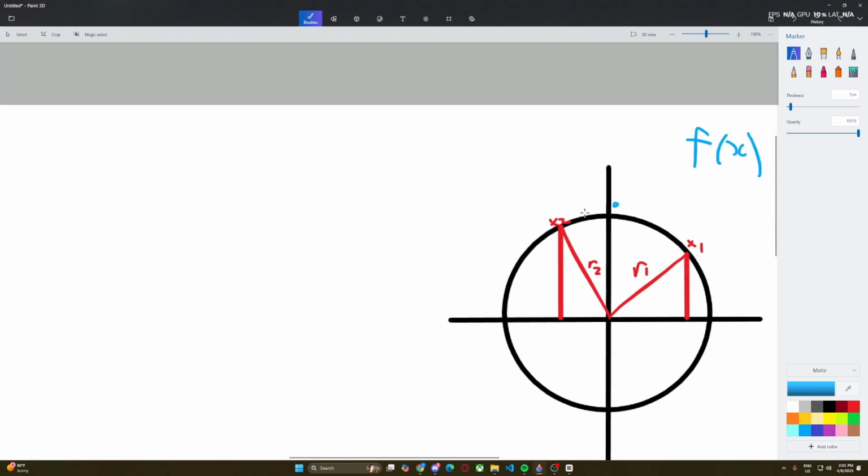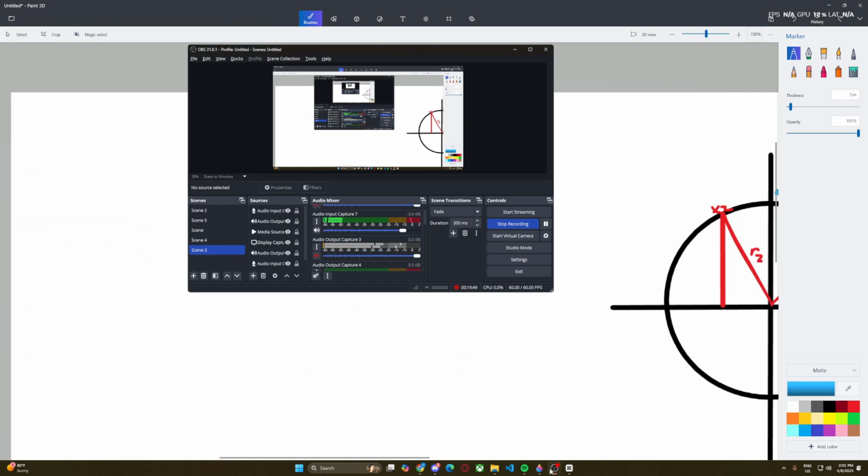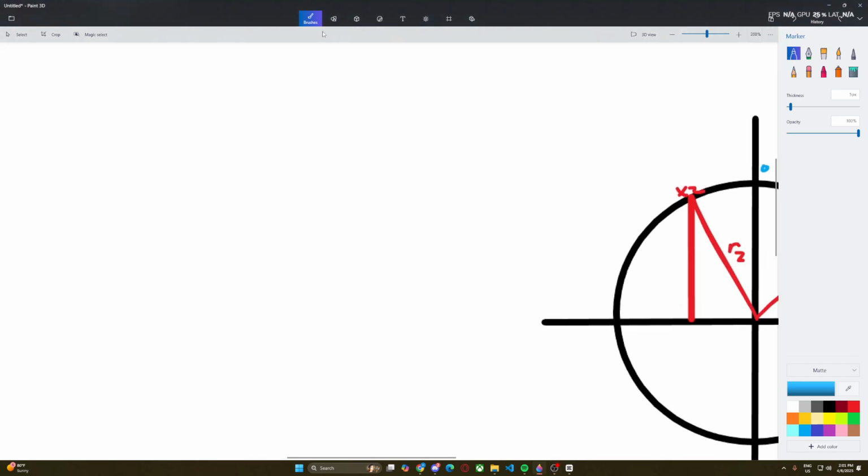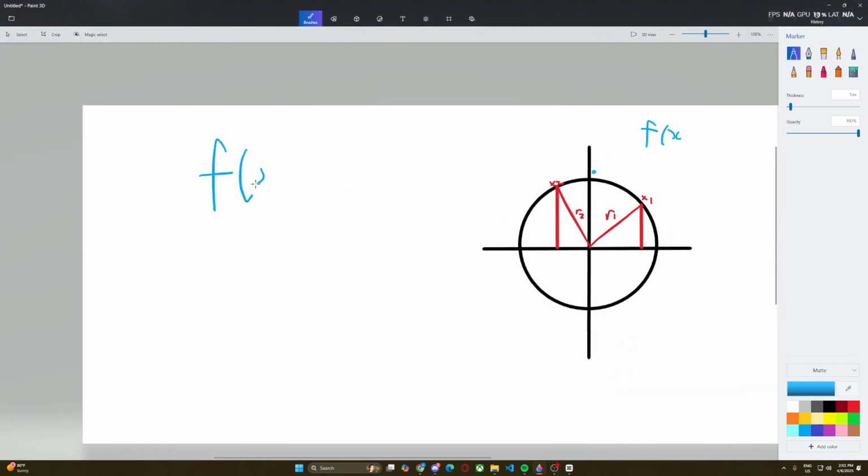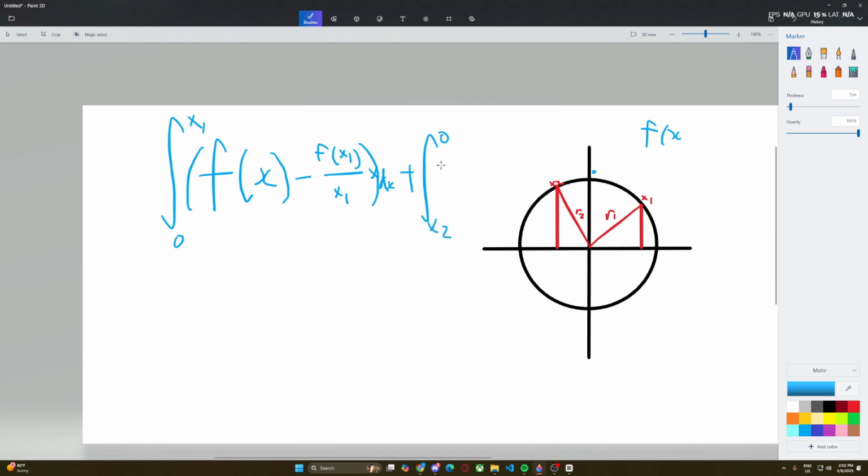So in all, the area of this sector is, okay, this two-parter, I guess. f of x minus f of x1 over x1 times x, and this is all the integral from 0 to x1 dx, plus the integral from x2 to 0 of f of x minus f of x2 over x2 times x dx.